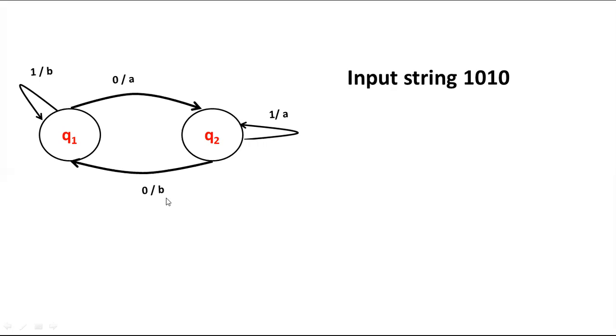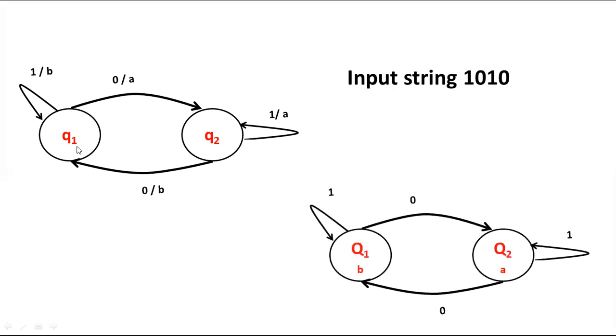Now if I need to convert this into the Moore machine, what do I need to do? I need to write the outputs inside the state. So my Moore machine will look something like this. Now I am at state Q1. When I am at state Q1, the output is B. So B, and with Q1 and input 1, again the output is B. So BB. With Q1 and input 0, I will have an output A and be in state Q2.